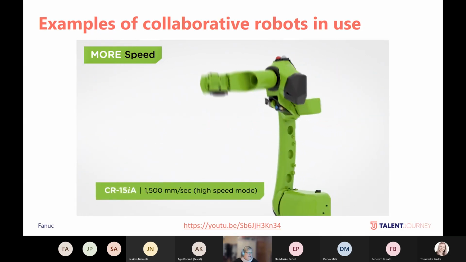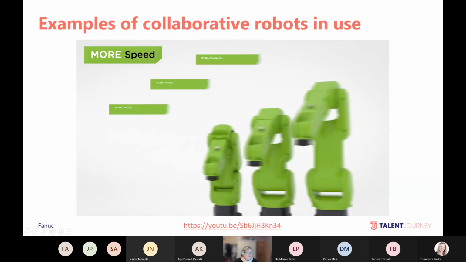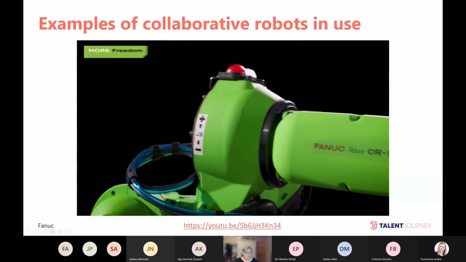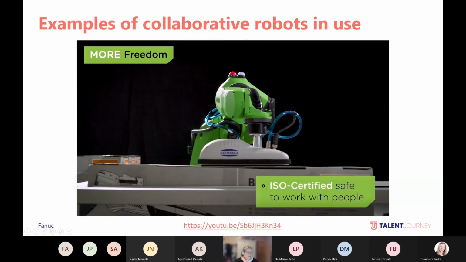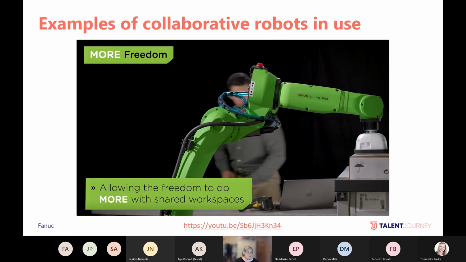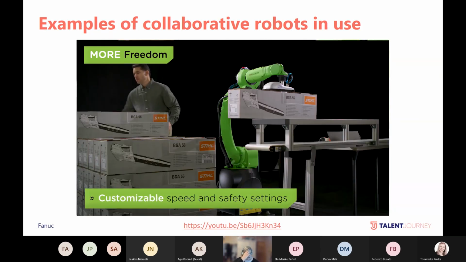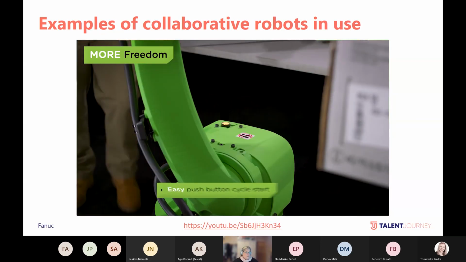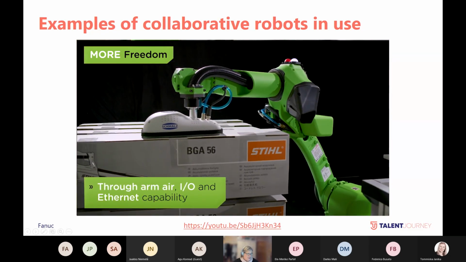And these are the maximum speeds, but we have to remember that when we are using these robots in collaborative mode, then the maximum speed is 250 millimeters per second. But then if there are no humans around it, then it can use those maximum speeds. But as you can see, he could just touch the robot to stop it and then start it again by pushing the button.